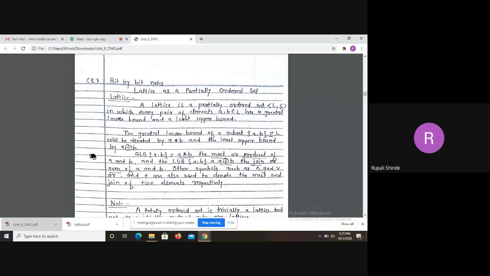Other symbols such as this is the symbol for AND or conjunction, and this is for disjunction or OR. So this AND is associated with the star operation, that is meet operation, and OR is associated with this XOR operation, or we can say least upper bound.